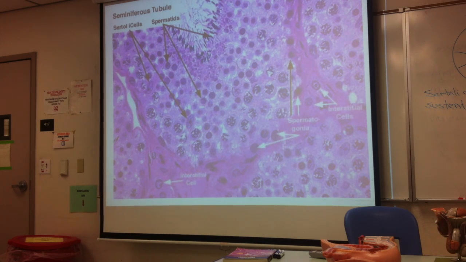I just want you to be able to identify it as a testis. Okay? Certainly later on, next week, you'll need to know, is this a primary spermatocyte or a secondary, early spermatid or spermatogonium. So just recognize it as a testis for now. Yes?